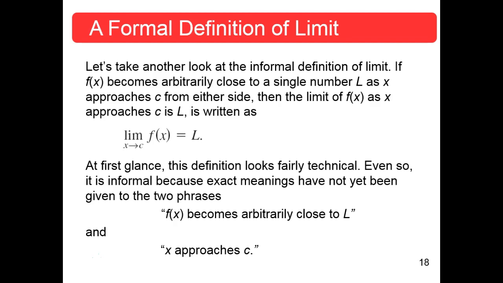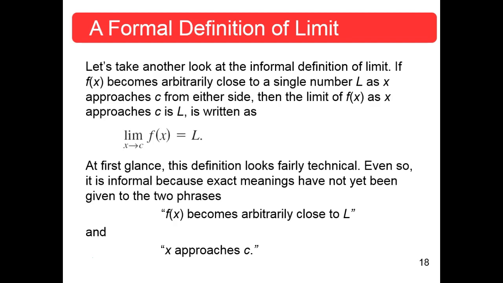Let's take another look. Now we're going to start with that informal definition. If x becomes arbitrarily close, remember those weasel words there, to a single number L as x approaches c from either side of c, then the limit of f of x as x approaches c is L. Remember, it has to approach it from both sides, the same limit, however you're doing that.